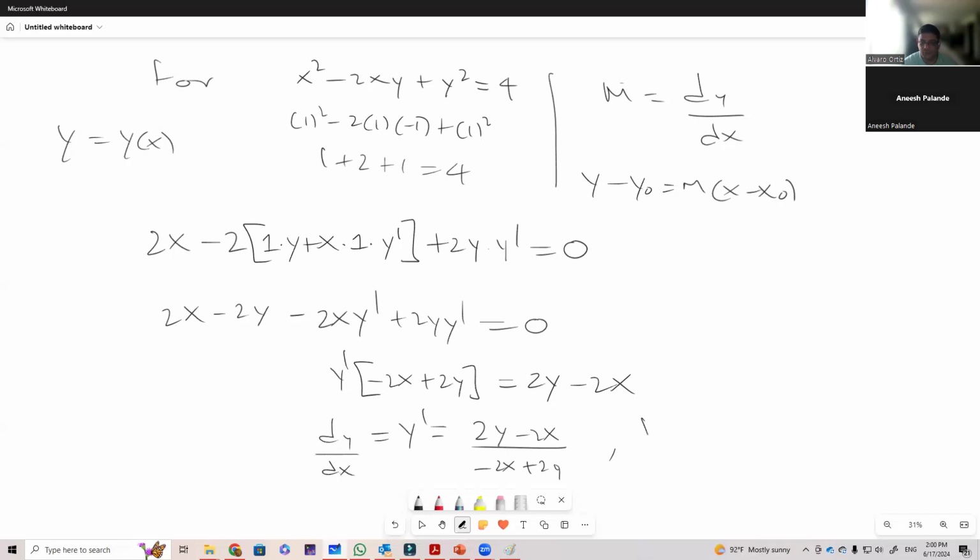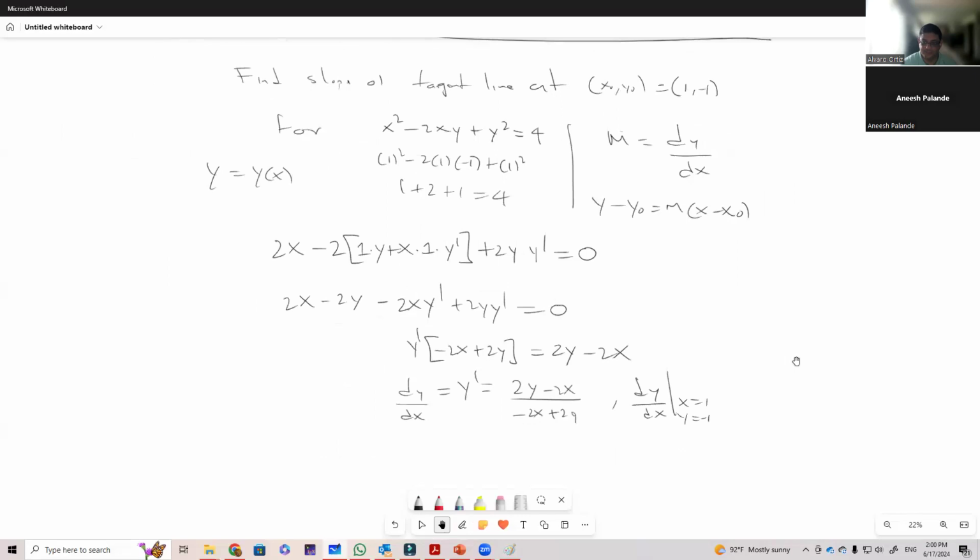But because we need the slope, we evaluate dy/dx at the point x equals 1, y equals minus 1, which is the point that we started with.